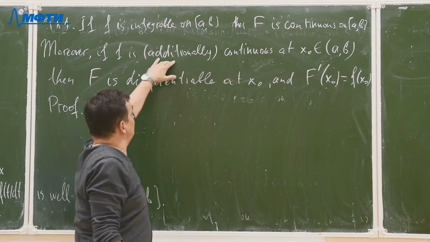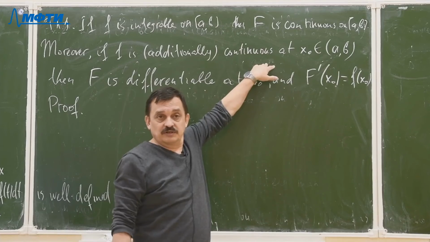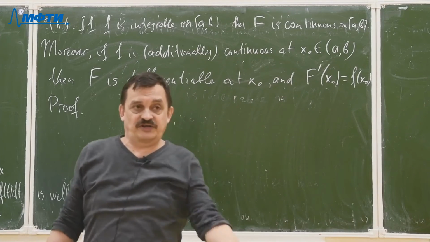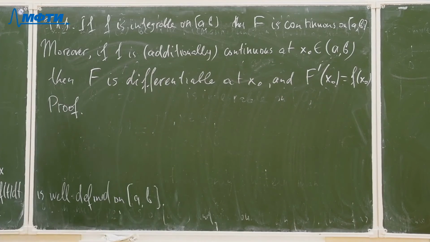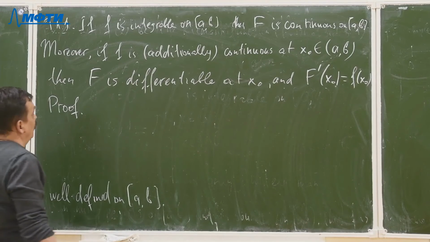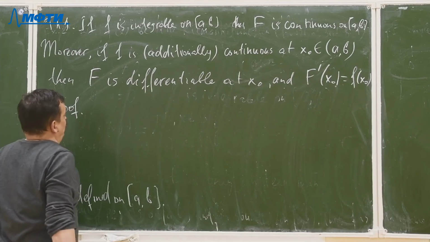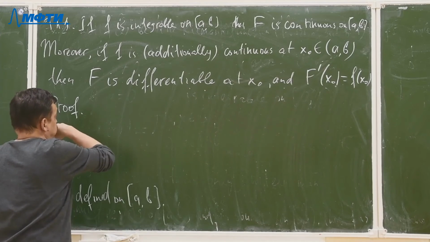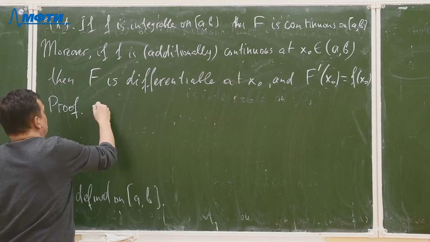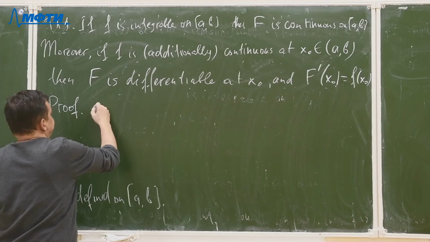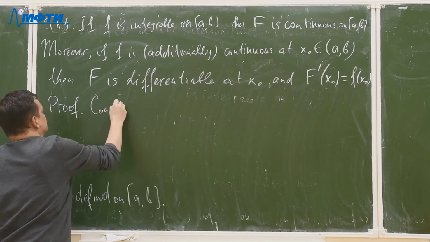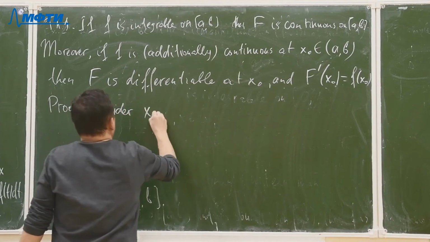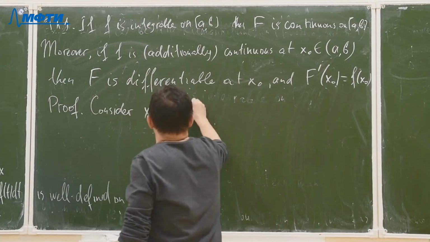If we have an extra supposition about continuity at a point, then the function is differentiable at this point. So, proof. Let's start with the first part. Consider x naught in [a,b], let's say, right?